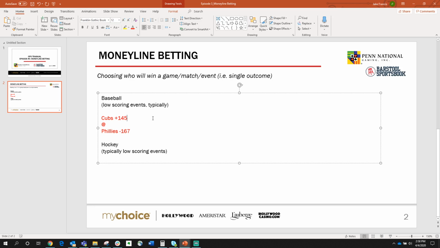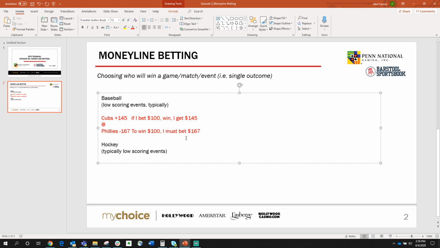Now, in a past episode, we've already learned what does this all mean, right? What does the 145 mean? Well, the plus 145 means simply if I bet 100, win, I get 145. Minus 167 is to win 100, I must bet 167.